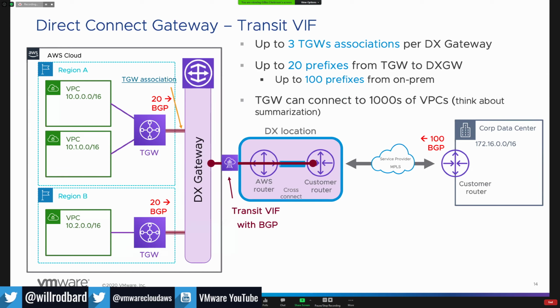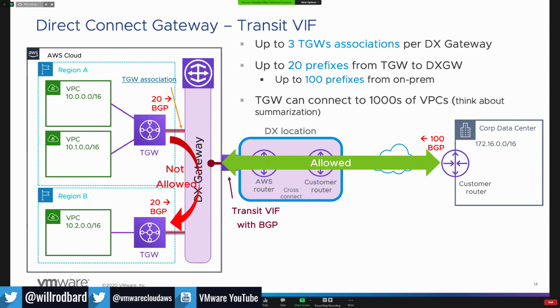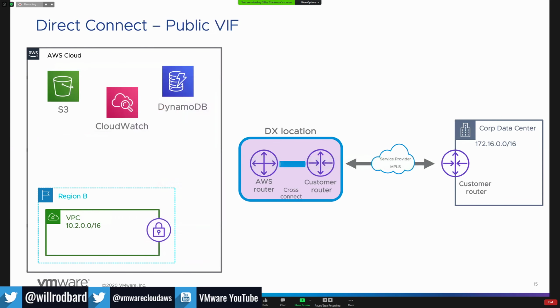TGW can connect to thousands of VPCs behind the transit gateway. So think about summarization. It's very important. This is allowed and this is not allowed. And by the way, if you have a Direct Connect dedicated connection, you have only one transit VIF. I have a slide on that later.